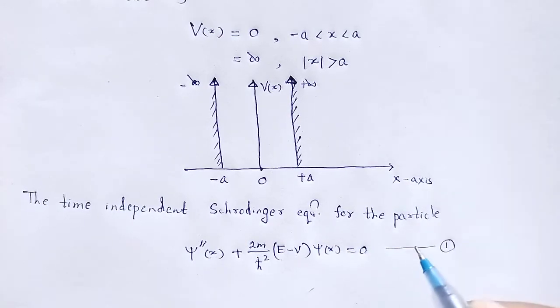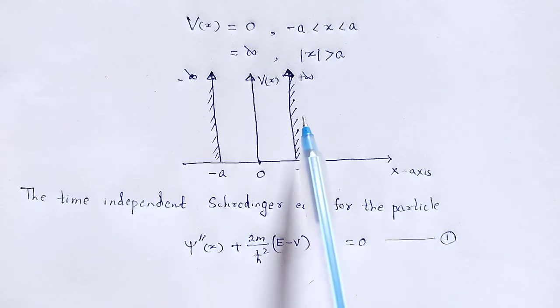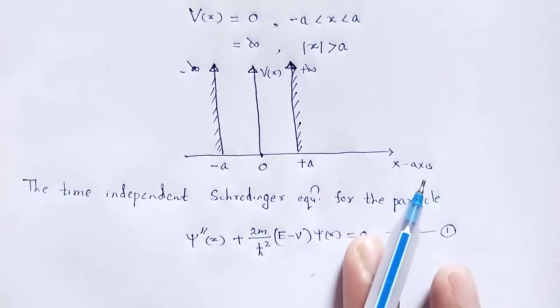That is equation number 1. This is the time independent Schrodinger equation, as the particle is restricted along the x direction from minus A to plus A. Now, what should be the wave function of the particle outside of the box?